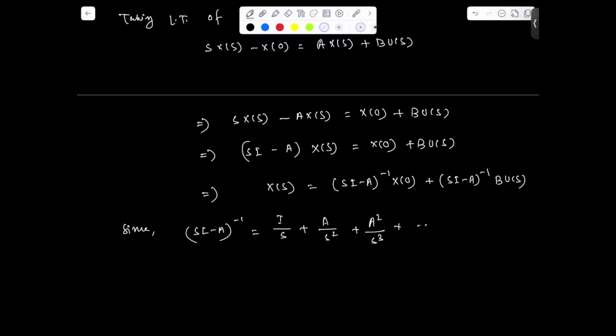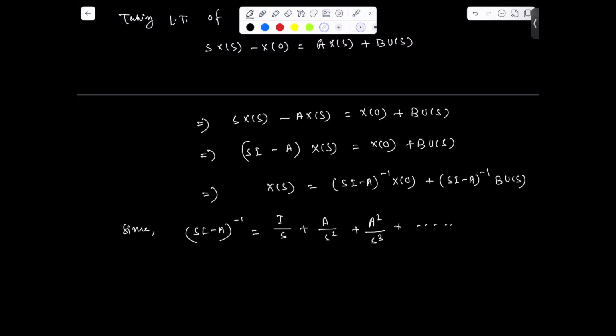This is the power series you can write for (sI minus A) inverse. Some formulas we are using directly, but if you want to know how these come, please refer to some book, because going into detail would take a lot of time.